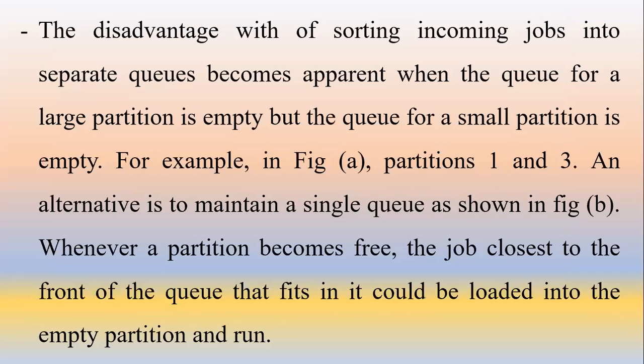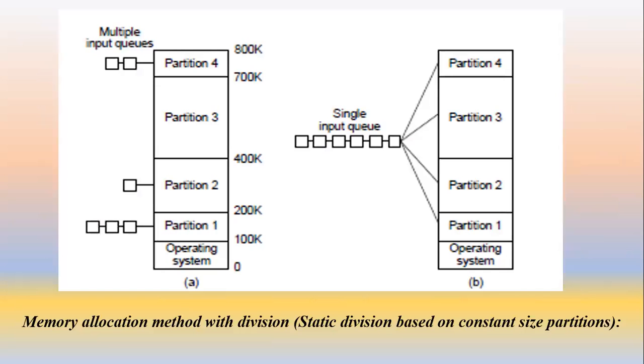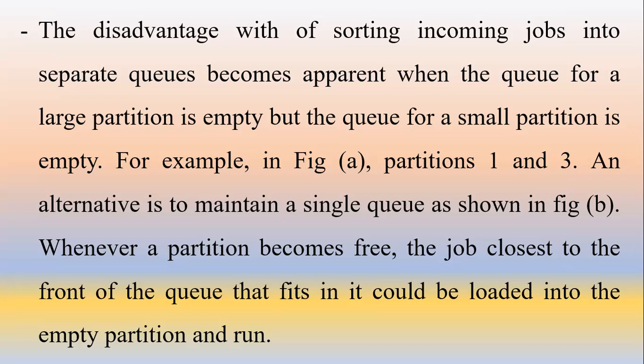The disadvantage with this method of sorting incoming jobs into separate queues becomes apparent when the queue for a large partition is empty, but the queue for a small partition is full. For example, in figure A, partitions 1 and 3 apply to such a situation.